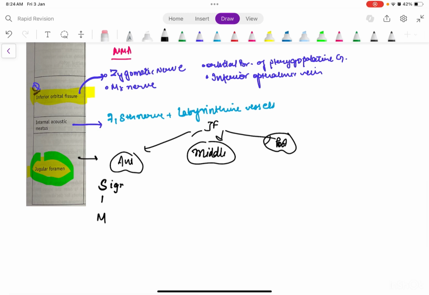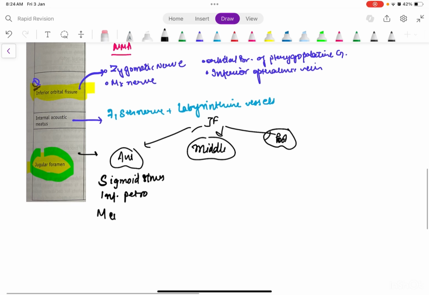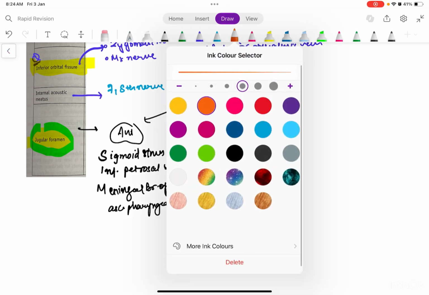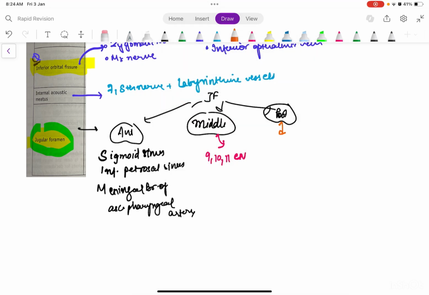So it has the sigmoid sinus, then the inferior petrosal sinus, then the meningeal branch of the ascending pharyngeal artery. In the middle, it is easy, it's the middle ground, so it's the 9th, 10th, 11th cranial nerves, and posterior is also easy: IJV and the meningeal branch of the occipital artery.